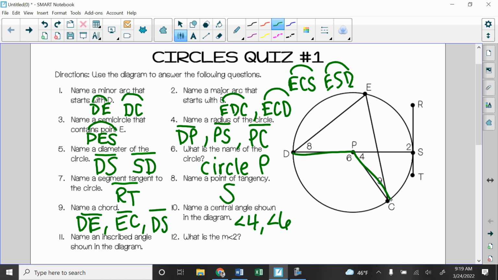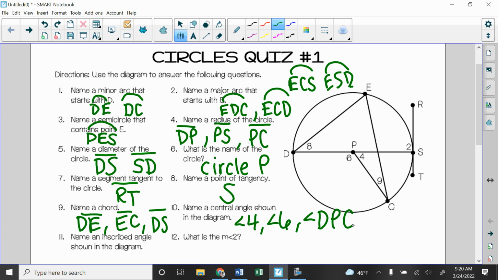You could name it that way. You could name it SPC or CPS. Tristan? Nope, letters are good still. What did you name it? Okay, so I owe you a point. DPC is an okay answer.